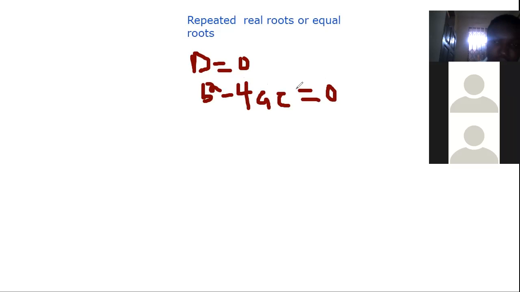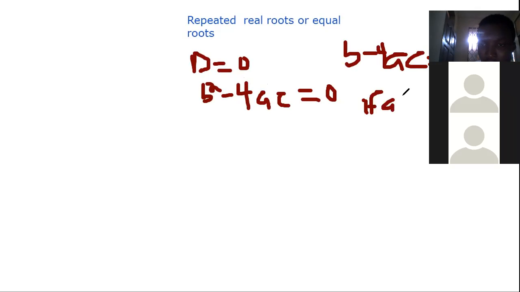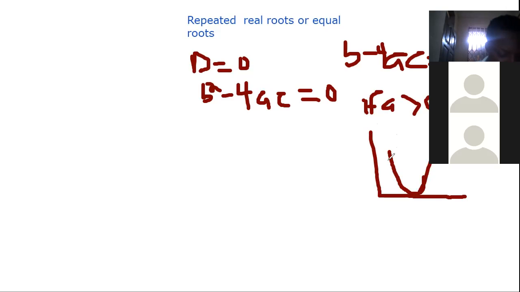When you have to represent it in a graph, with b squared minus 4ac equal to 0, normally if a is greater than 0, your graph will be sitting on the x-axis.